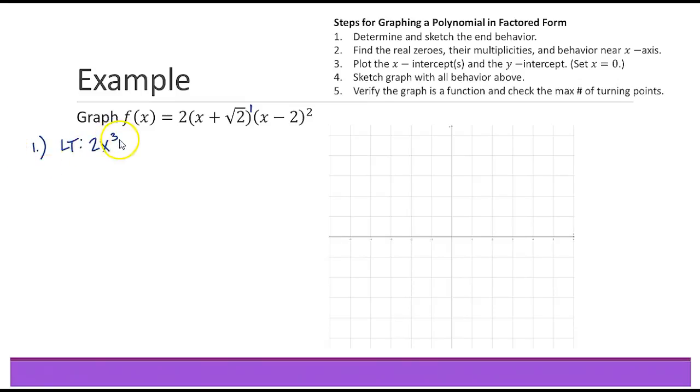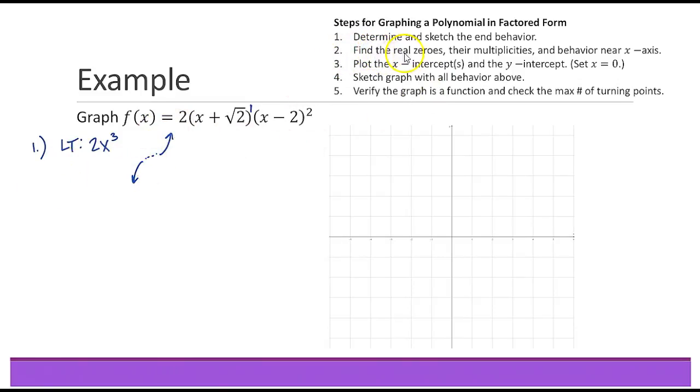So if I have an odd degree with a positive leading coefficient, I should just think about the regular graph of x cubed. Well, the right side points up and the left side points down. We don't exactly know what happens in the middle yet with this graph, but we're just describing the end behavior.